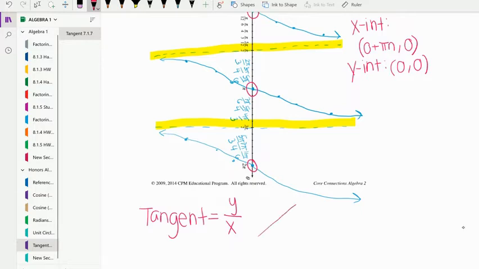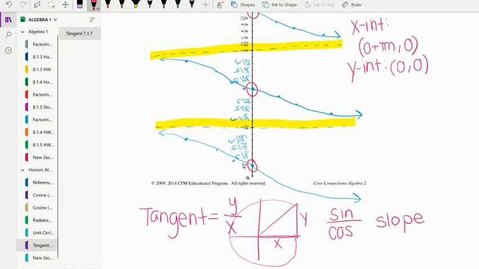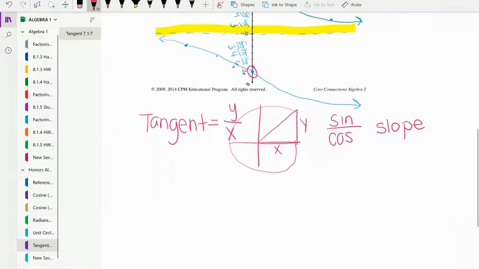So when we think of this triangle in our unit circle, so let's say I have my unit circle and here's my circle. So this is y and this is x. When you think of that, tangent is y over x, or you can say it is sine over cosine, which really means it's actually the slope of that triangle or of that angle.